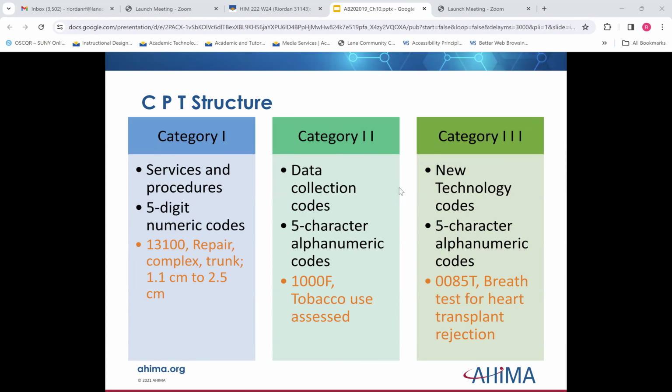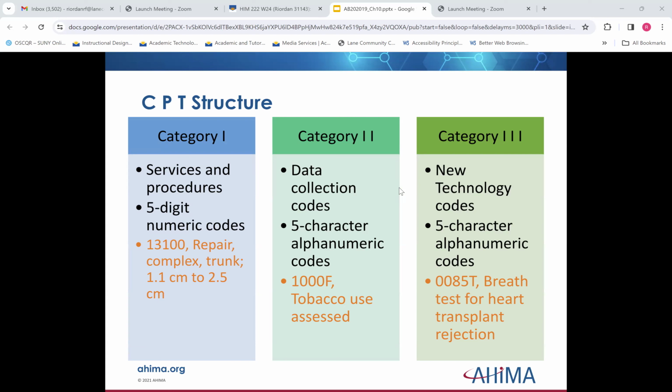And you can see some examples of CPT here, right? Category 1, the CPT we're familiar with, these are 5-digit numeric codes, repairs, right? Sutures, what have you, as you can see here.